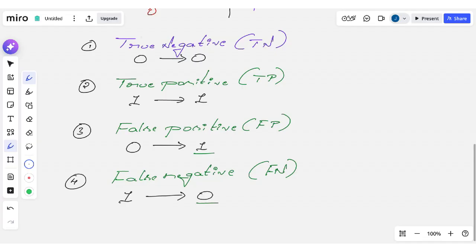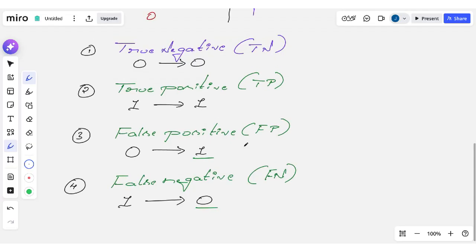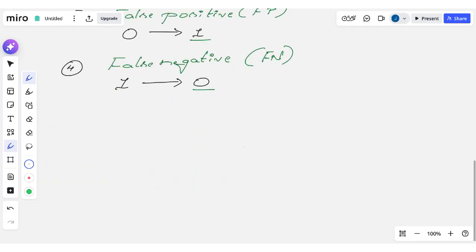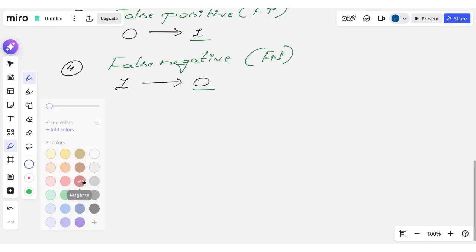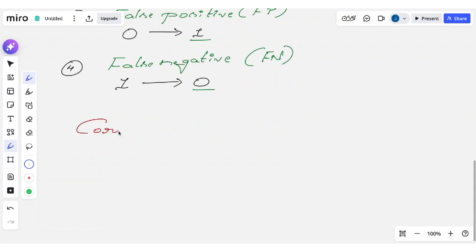Clear, guys? 0, 0, true negative. 1, 1, true positive. If it's making a wrong prediction, it is false, and whether it is a false positive or false negative is decided by what we predicted. Okay? All right. So now, based on this, can you tell me the correct classifications and the wrong classifications? True negative and true positive are both correct classifications, right?